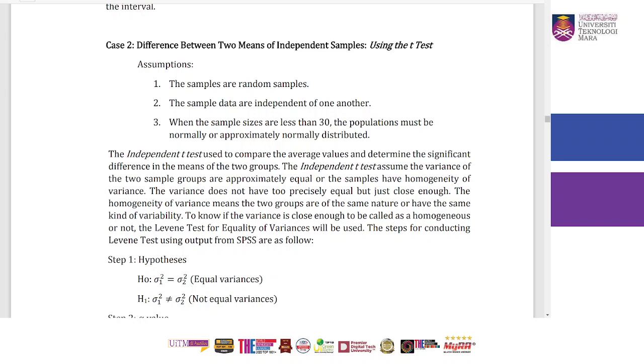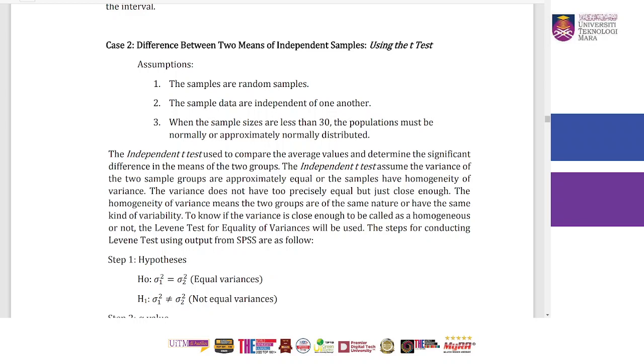And then when the sample size is less than 30. In this situation, it is required that if your sample size is less than 30, the population must be normally or approximately normally distributed. Otherwise, you cannot use the t-test, so you have to use a non-parametric test. Okay. So this is a very crucial assumption in order for you to use the t-test in replacement of the Z test.